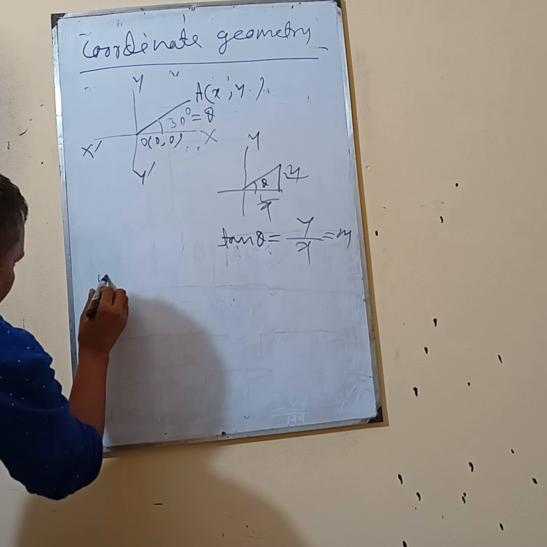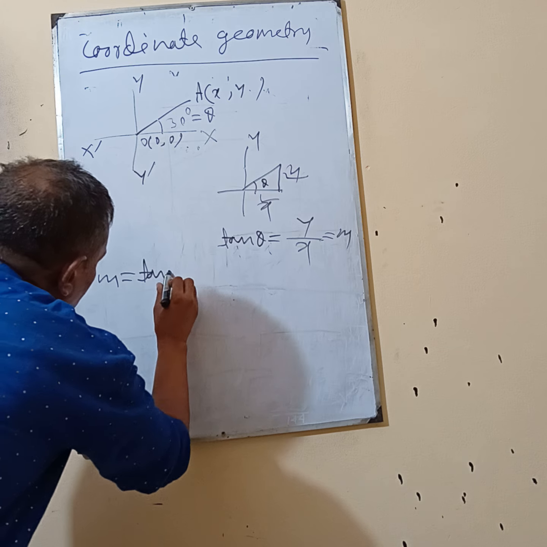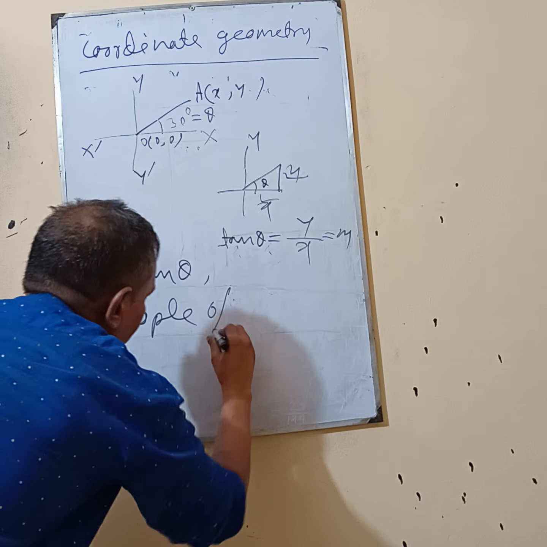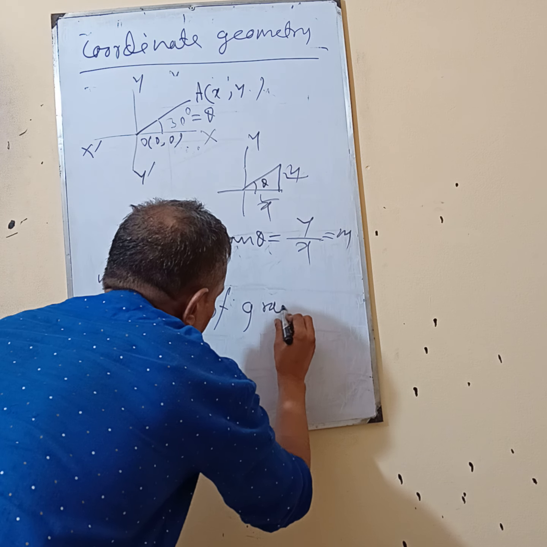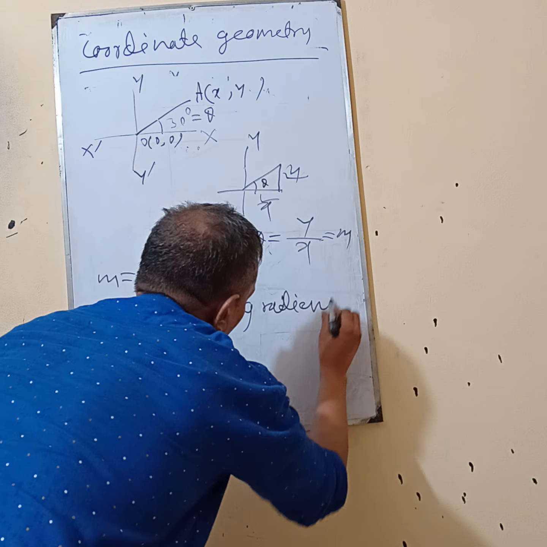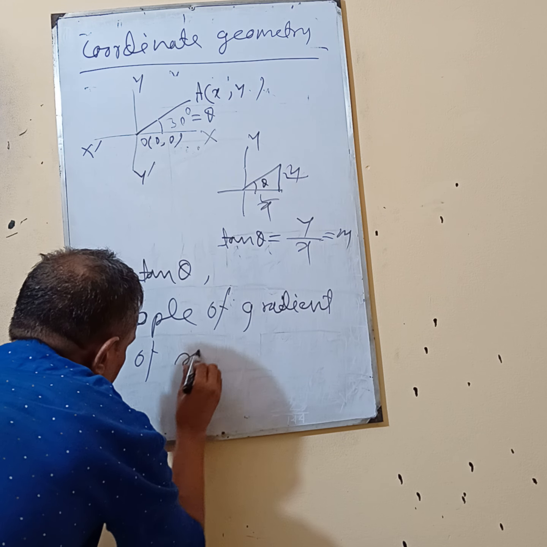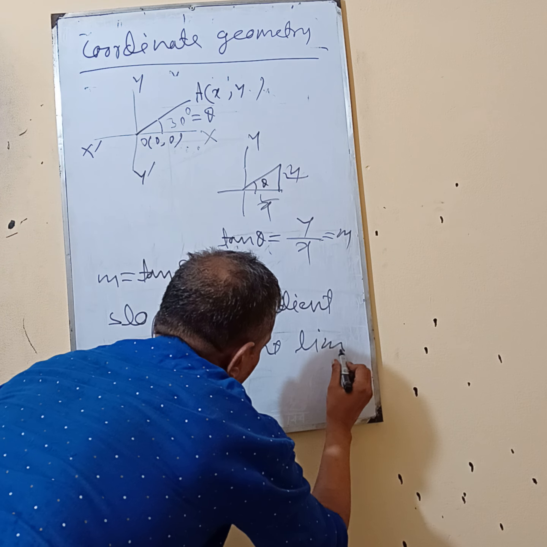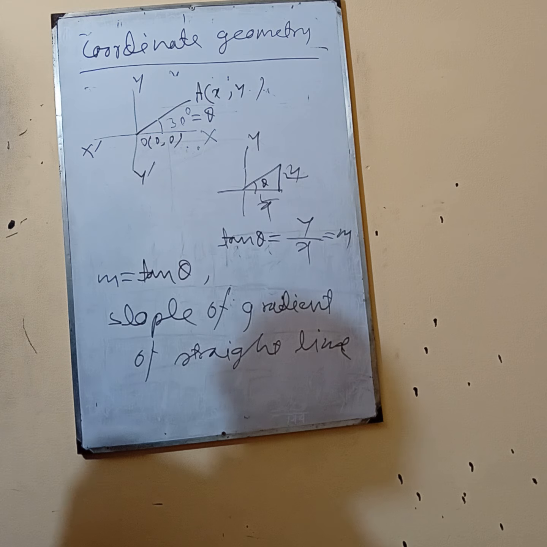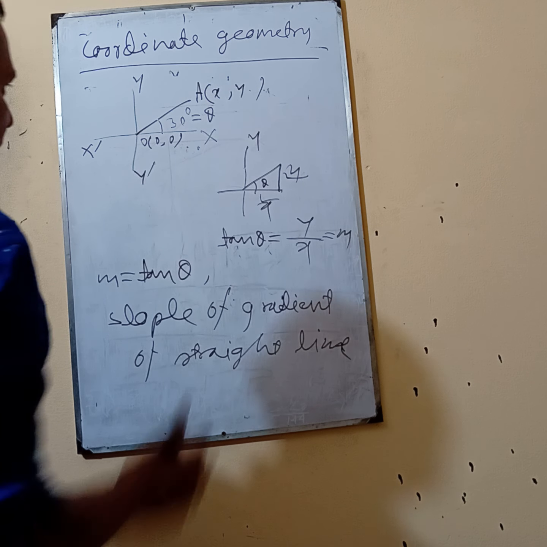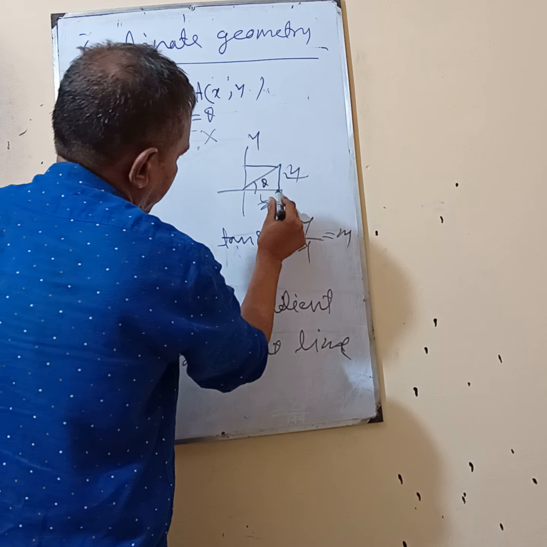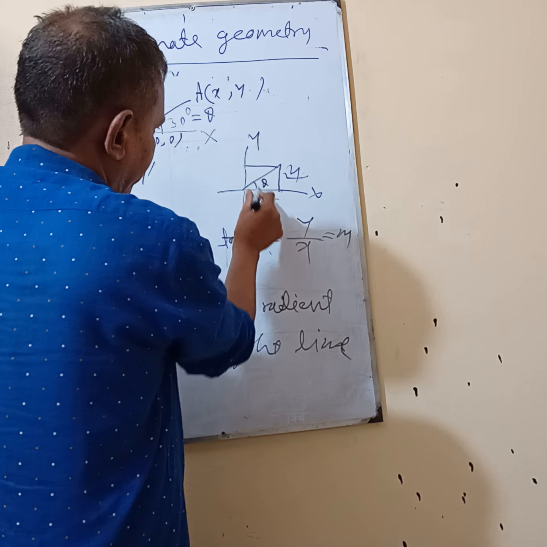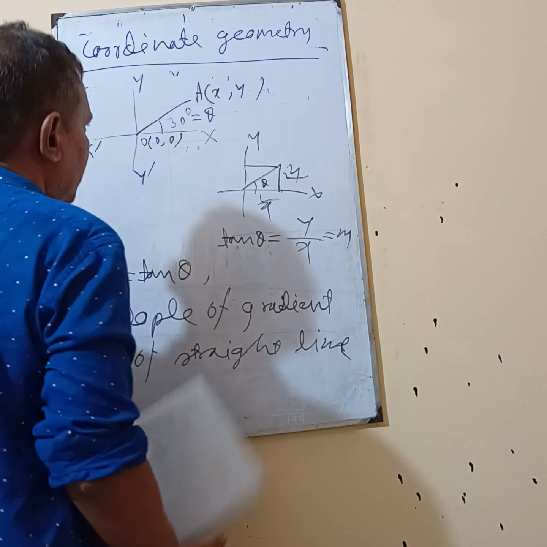M is tan theta, equal to the slope or gradient of a straight line. Okay. This y, this x: y by x is equal to m, and m is equal to tan theta.